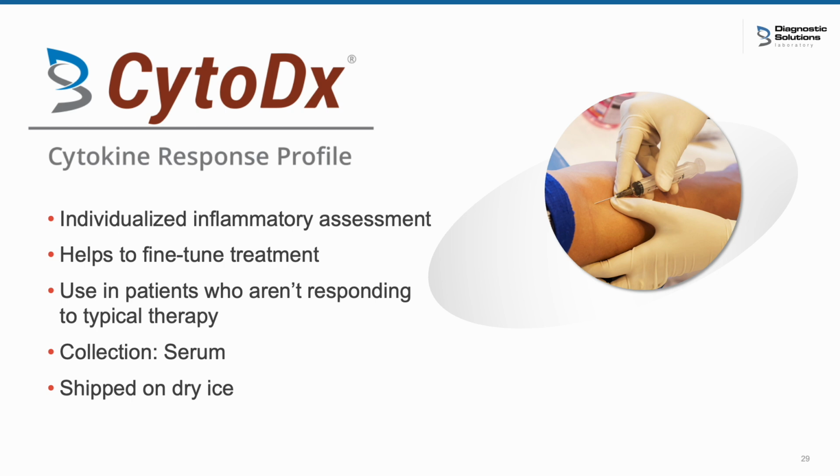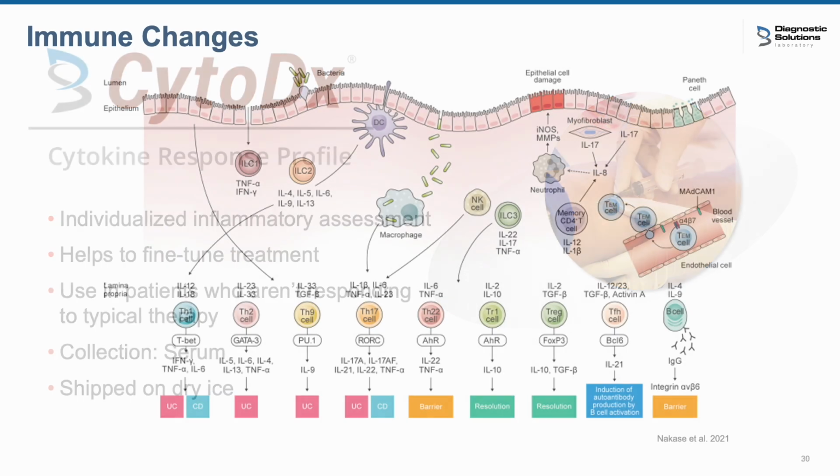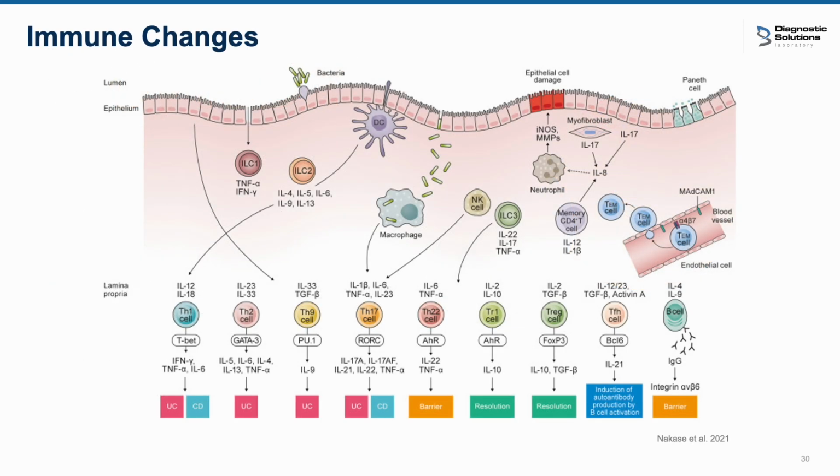There are phlebotomy services where you can access this test if you really, really want to, and I would not use this in every single case, but it can be extremely useful for those cases that just really are stumping us on every level. So I'm just going to show this image again that shows the differences in immune cells between conditions. You'll see down at the bottom that the red squares are ulcerative colitis.